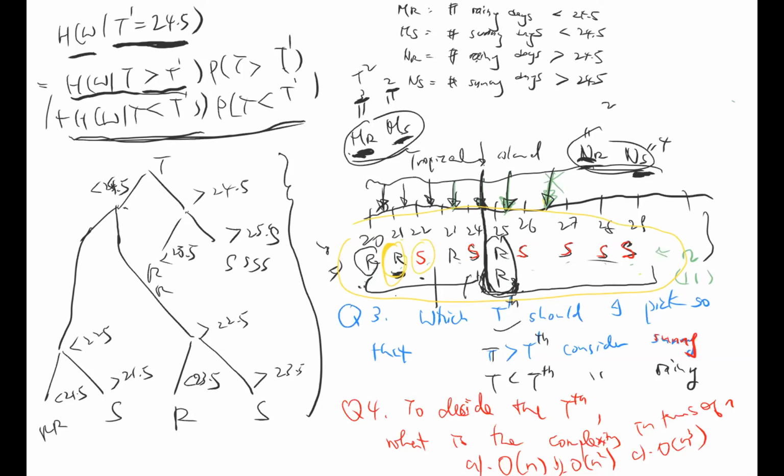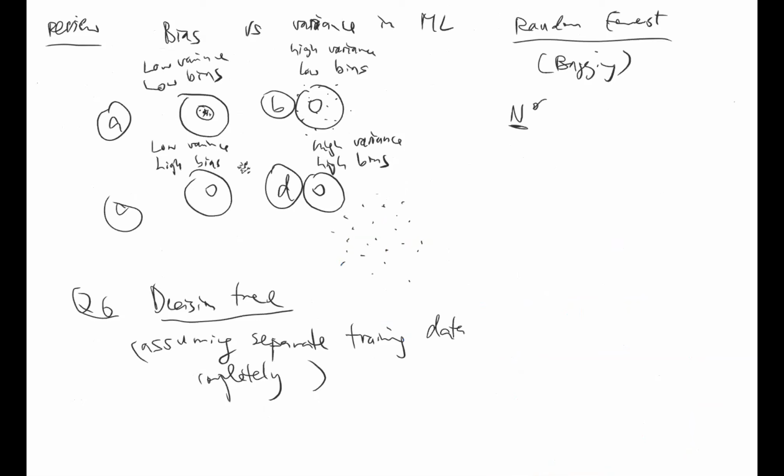So after I sample, I will sample data sets with replacement. Let's say M times. I'll use M again, which is different from the M earlier.